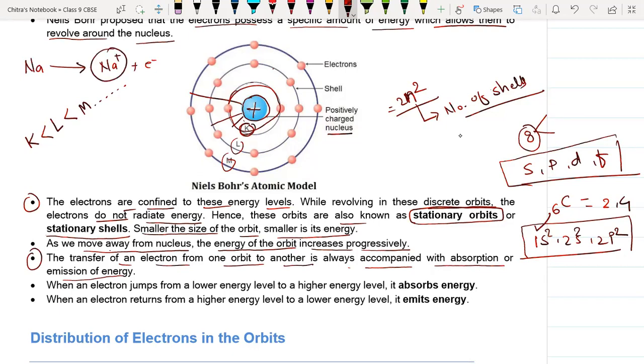If you heat sodium, its outermost electron will absorb energy, its energy level will increase, and it will leave that orbit. If an electron moves to a higher energy level, it absorbs energy; if it switches from higher to lower energy, it releases energy. So absorption or release of energy takes place while losing or gaining an electron.